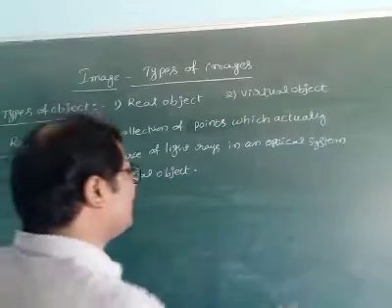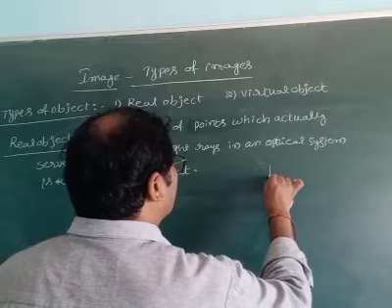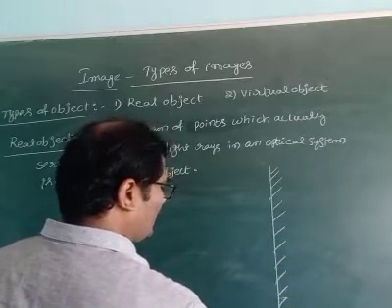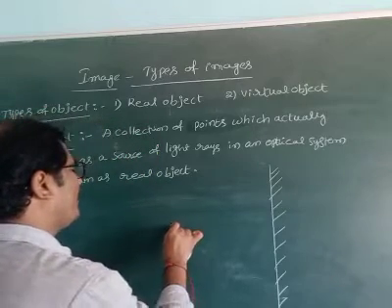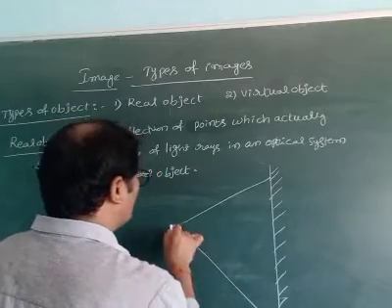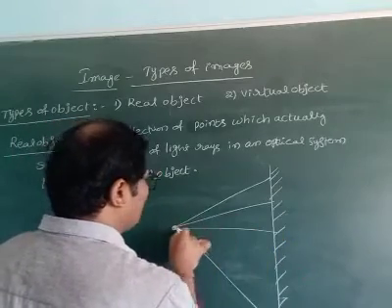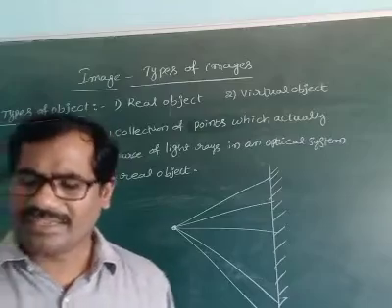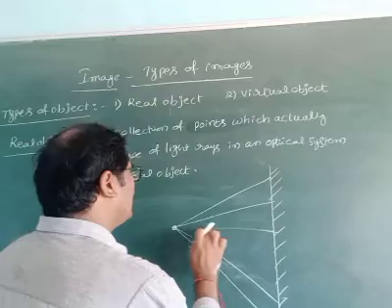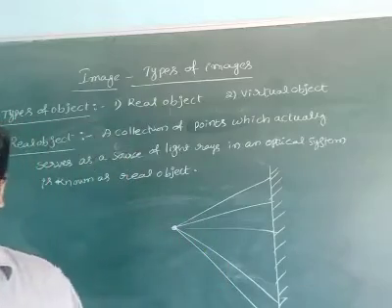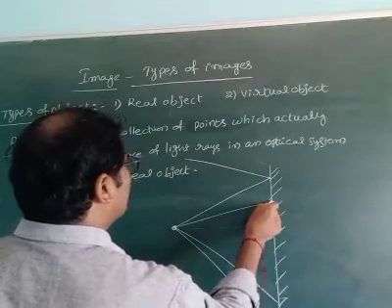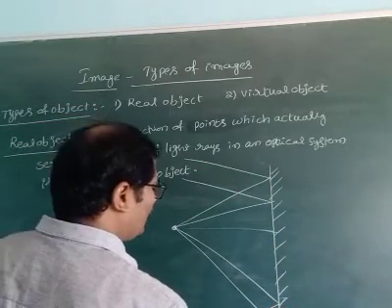Example, the mirror formation. The number of light rays passing through the object generally forms a real object. These lines diverge and meet at another point.